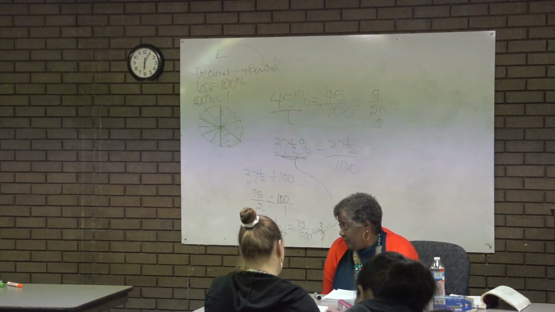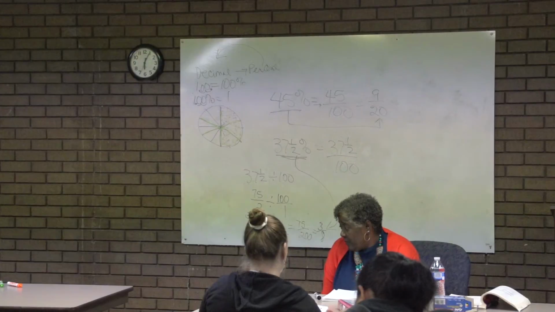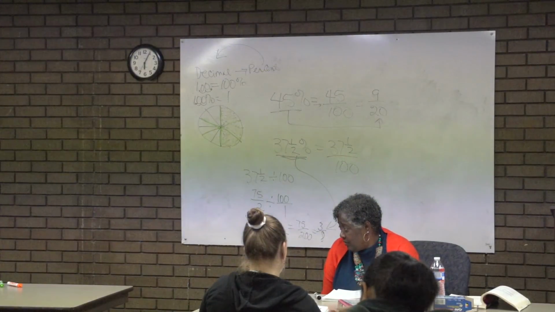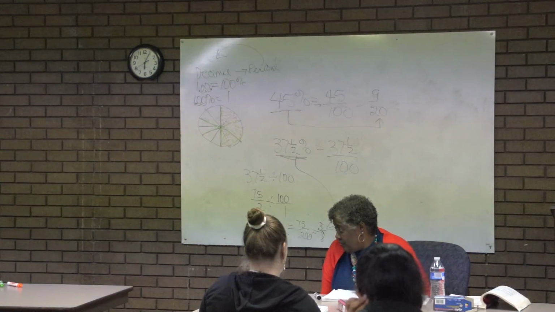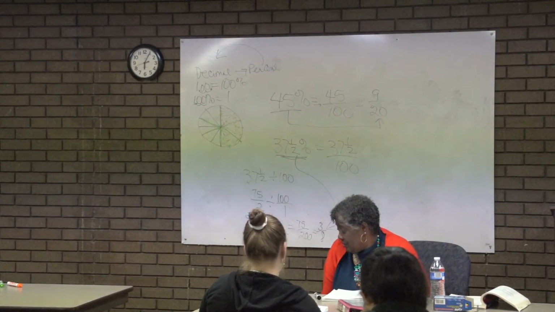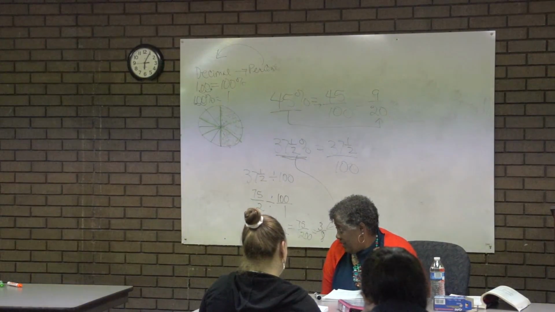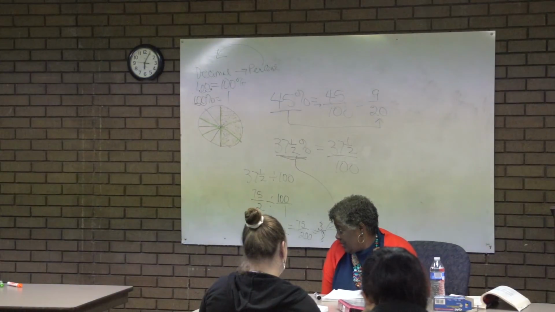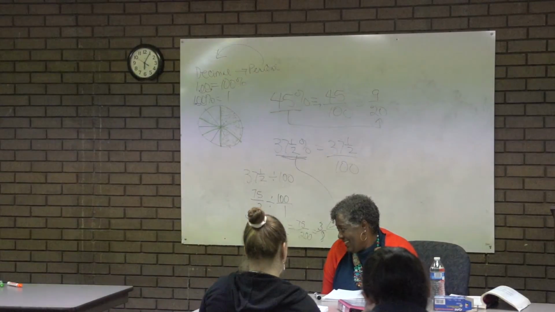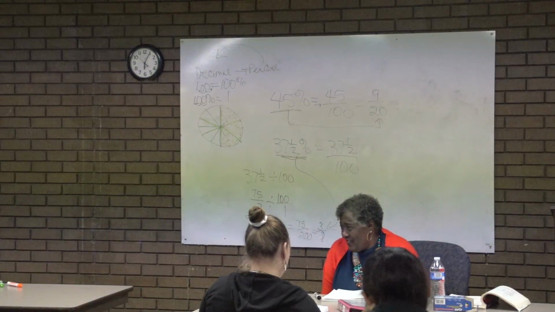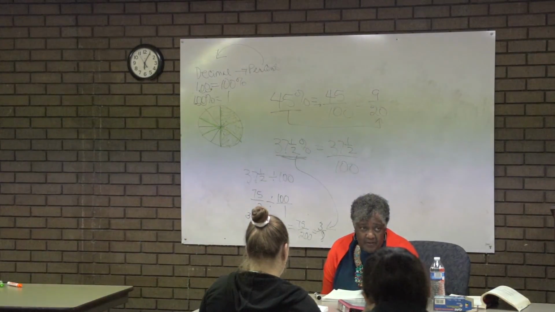What goes into 250 and into 300? 50. Okay, and 50 goes into 250 how many times? How many 50s in each 100? 5. Okay, so put the 5 at the top, and 50 goes into 300 how many times? 6. 5/6. Did people get 5/6?